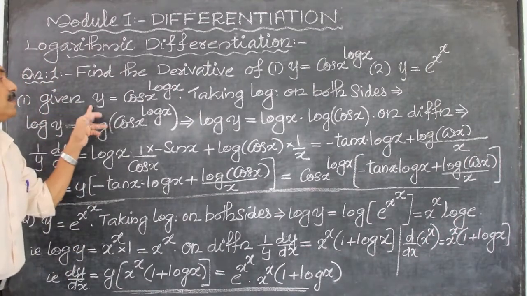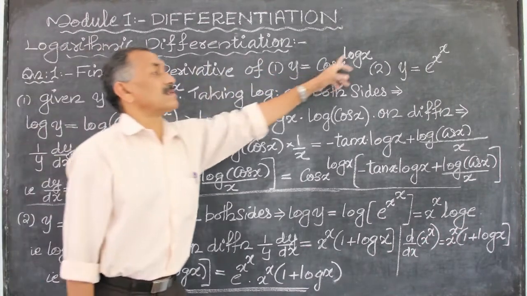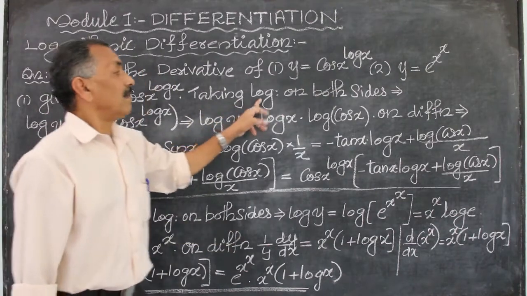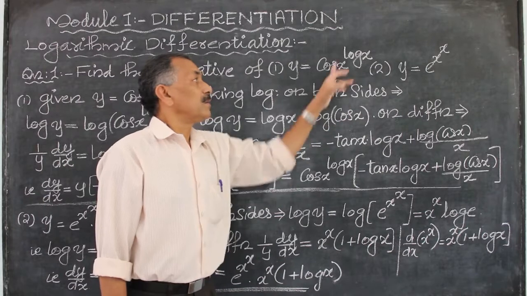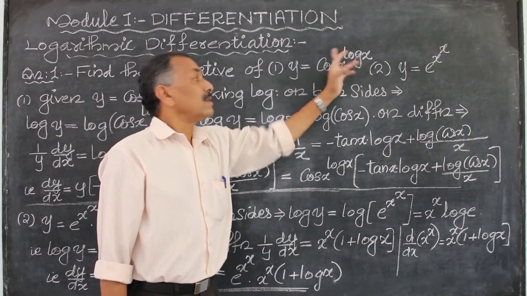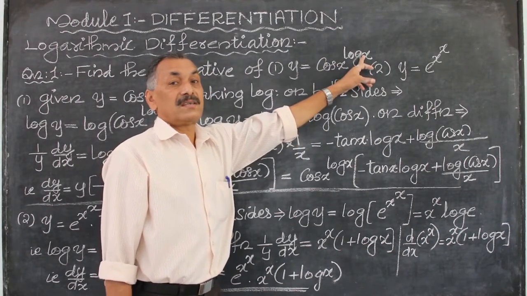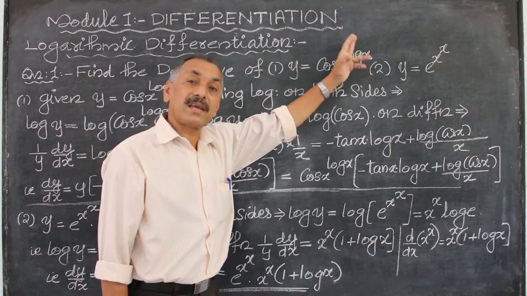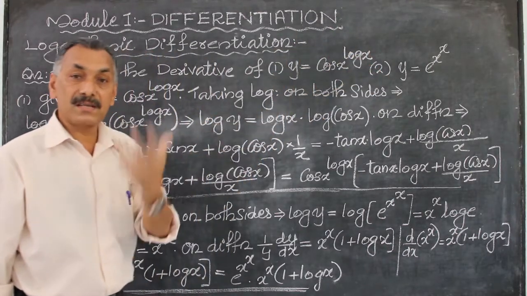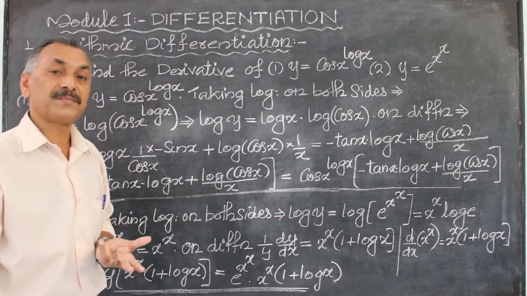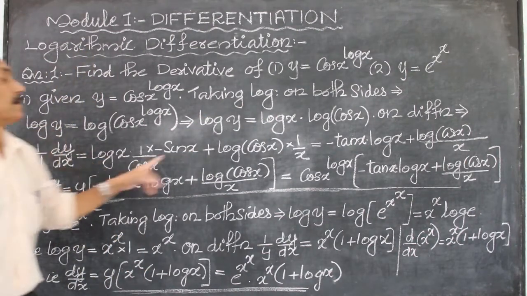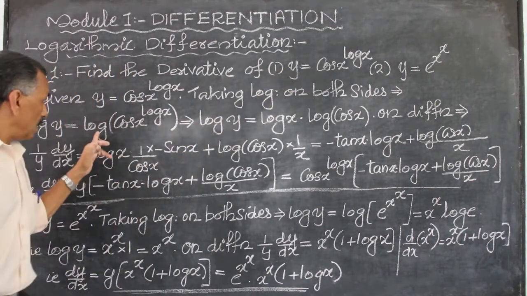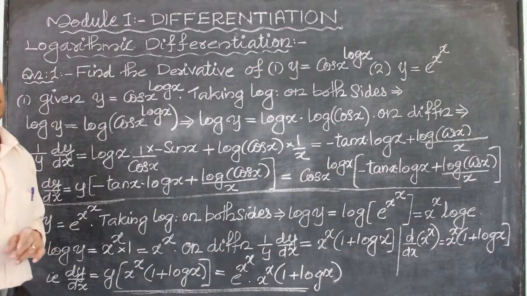First one, given y is equal to cos x raised to log x. Take the logarithm on both sides, because the exponent is again a function. If the exponent of the function is again a function, to find the derivative we consider logarithmic differentiation. Take logarithm on both sides. That is, log y is equal to log of cos x raised to log x.